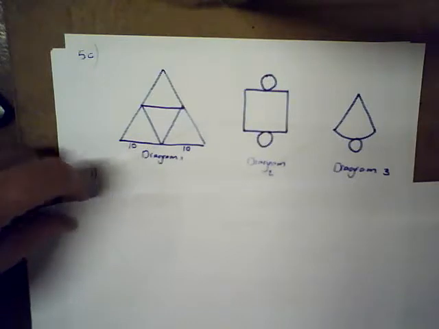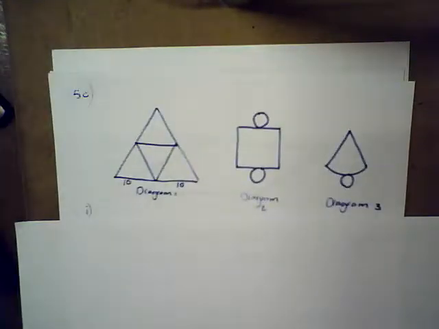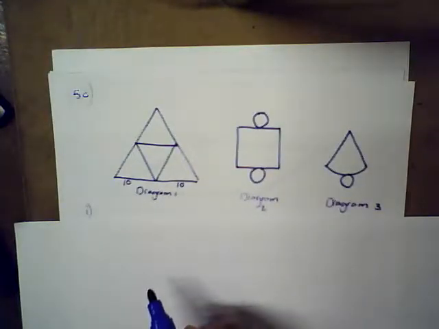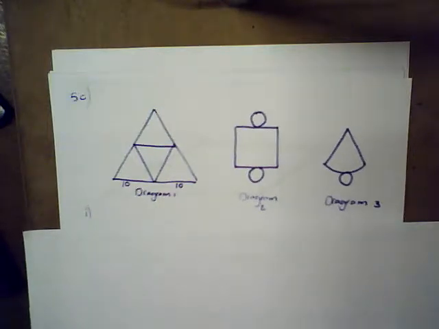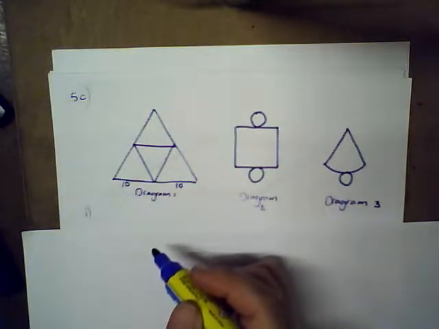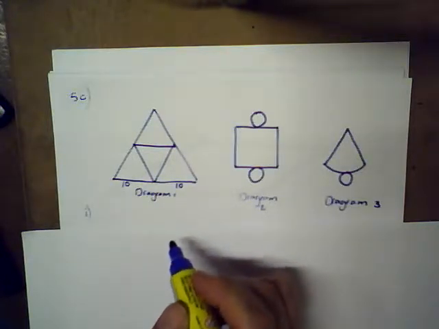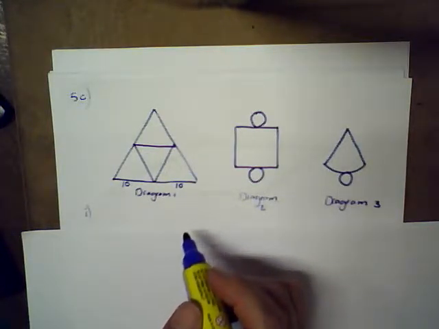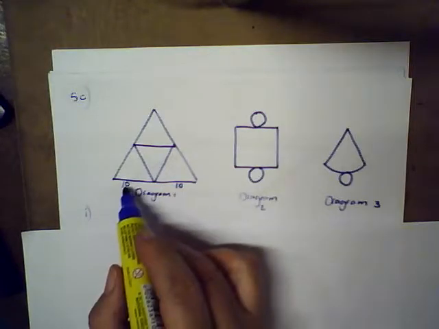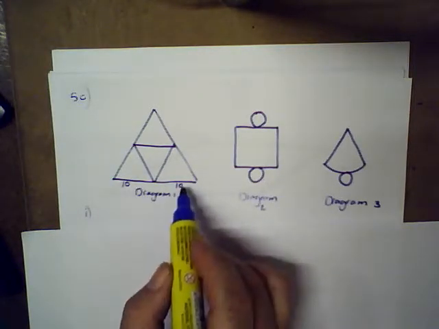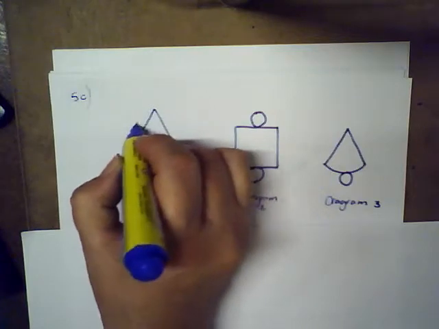Okay. So the next part, 5C, gives us 3 diagrams, and they give us some information about it. They say the diagram represents the net of 3 solids. Each straight line is 10 centimeters long, and they indicated that this one is 10 and 10, so that must be 10.